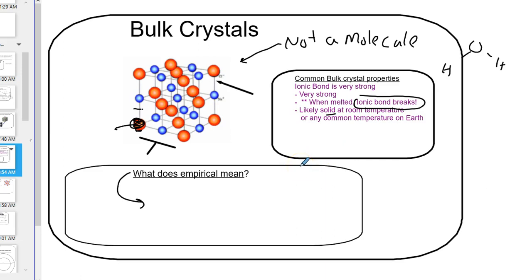There's a couple of them that maybe could be liquids or close to liquids at several hundred degrees, but they typically have very high melting points that could range from, let's say, 500 to even 3,000 degrees Celsius. Quite a range, but quite high typically.